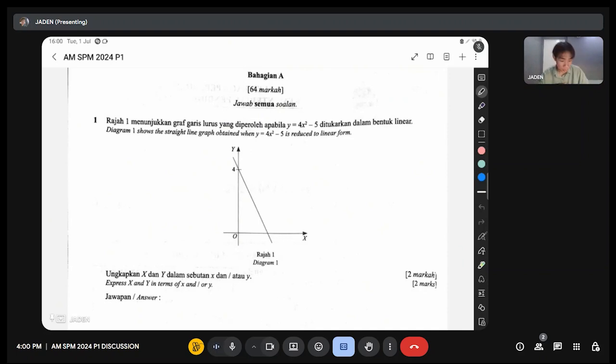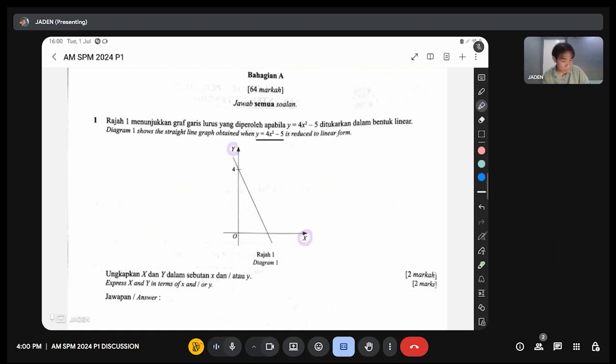Let's look at the first question. Diagram 1 shows the straight line graph obtained when y equal to 4x squared minus 5 is reduced to linear form, ditukarkan dalam bentuk linear. Now, looking at the diagram, we have a capital letter Y and a capital letter X. This is because they won't tell you the answer directly.